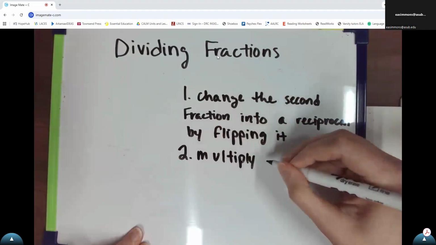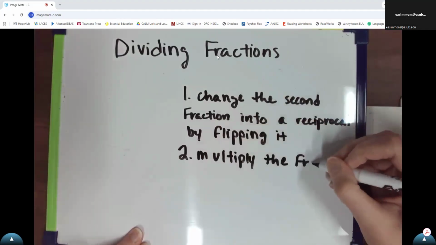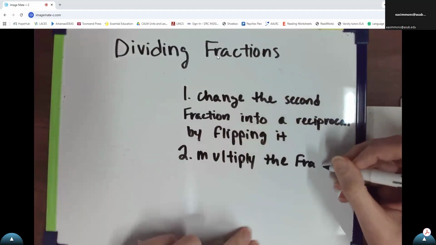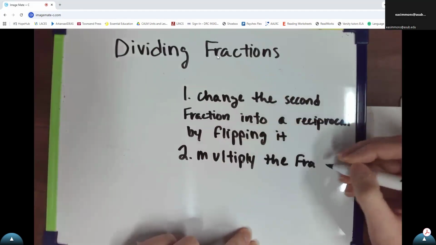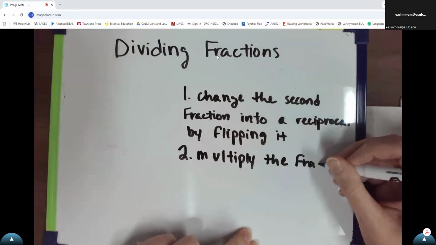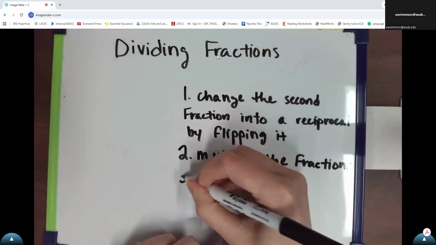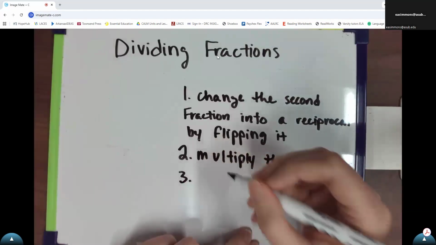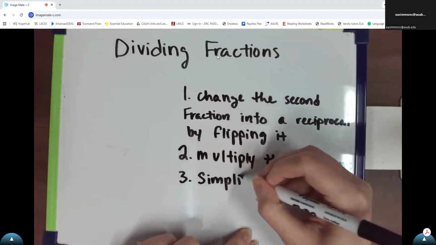And we're multiplying them as we've got them written. So we'll multiply the first fraction as it came, and then the reciprocal for our second fraction. And then our third step, we're going to simplify if needed.